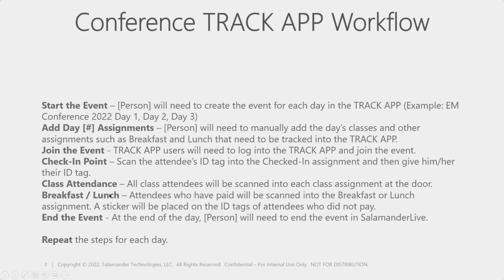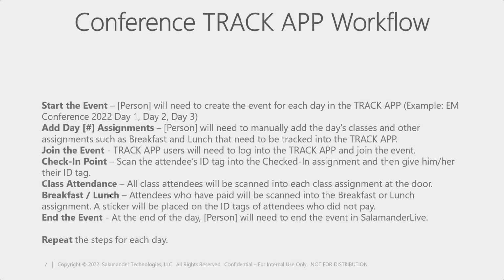Class attendance, this is where every single class attendee would be scanned into each class assignment at the door. So there would be Track app individuals at the door for each of the classes. Again, this really depends on how many different classes are running at the same time.